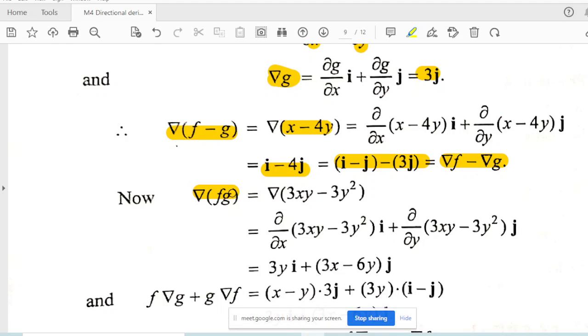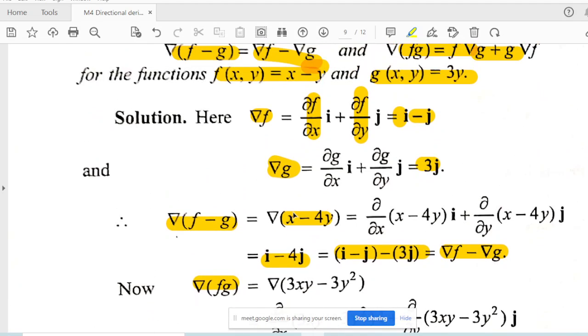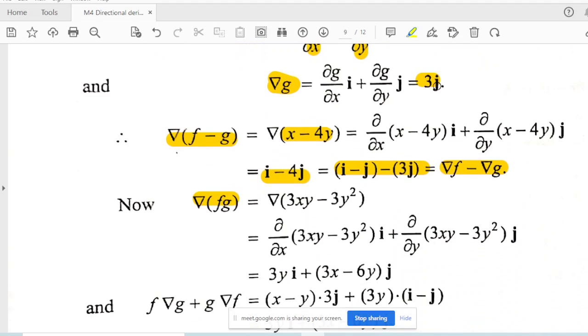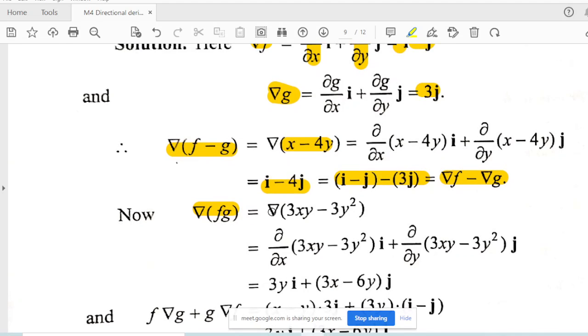On the left hand side we take del of f into g. So f into g means you multiply f into g. So you get 3xy minus 3y square. Del of 3xy minus 3y square. Partially, first we differentiate with respect to x, i cap, plus with respect to y, j cap.